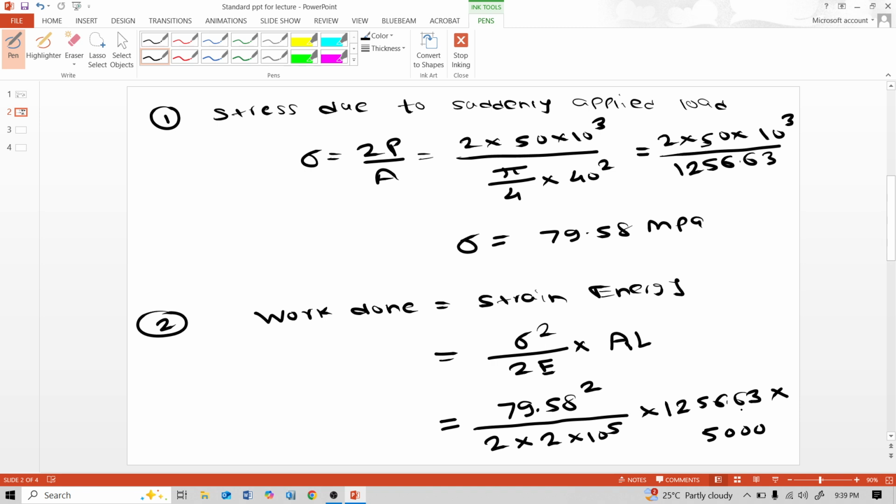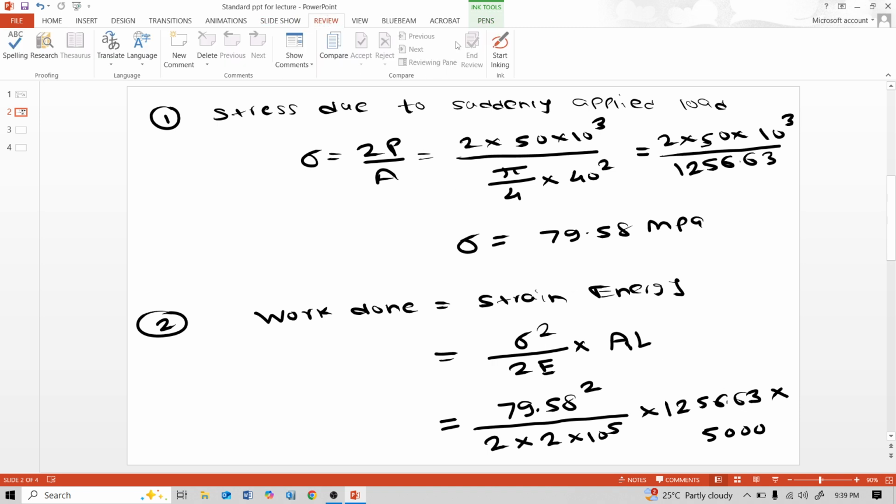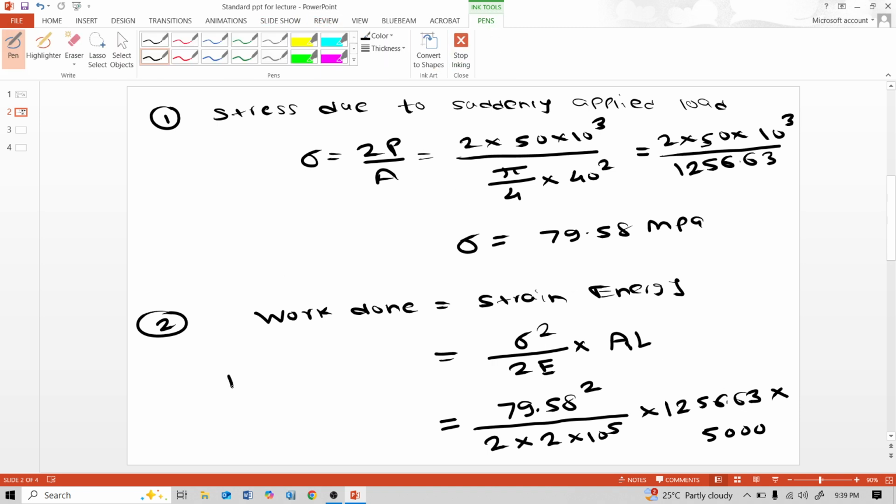I told you in one of our last lectures to put values in Newton mm or in kilonewton meter. Then we get the unit as Newton per mm square or Newton mm, or kilonewton per mm square or kilonewton meter.